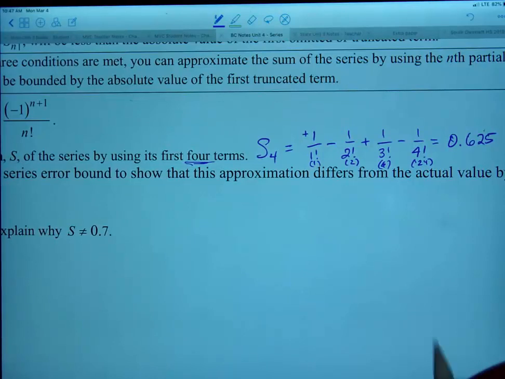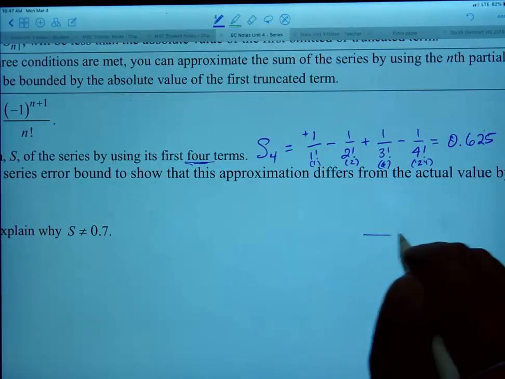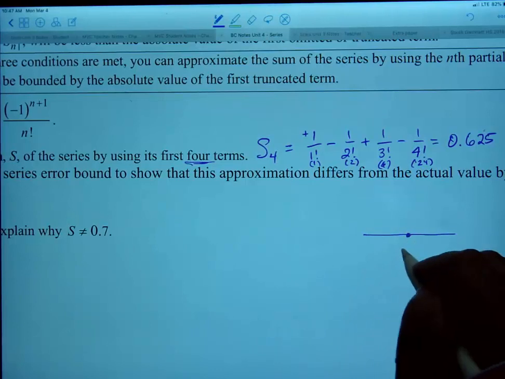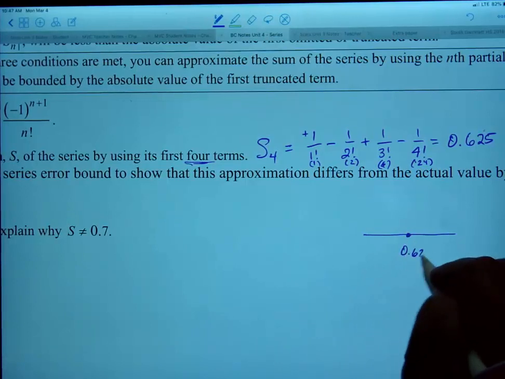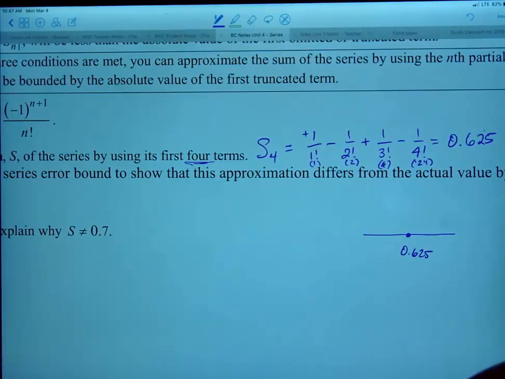Now, let's pretend like this dot here is 0.625. That dot represents the estimate of the sum of all of the terms of this series. Now this is one of the series that we can't find the exact sum of.